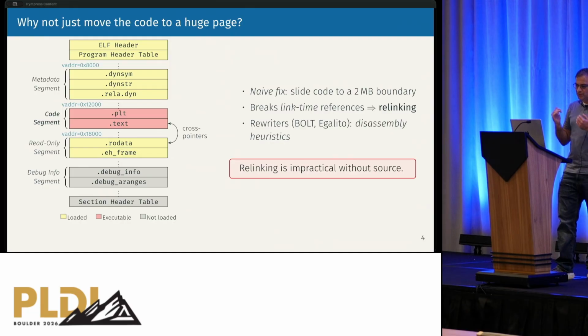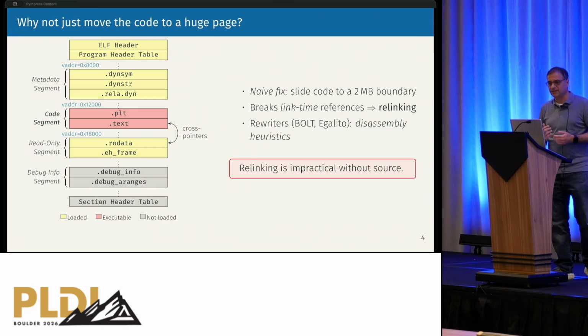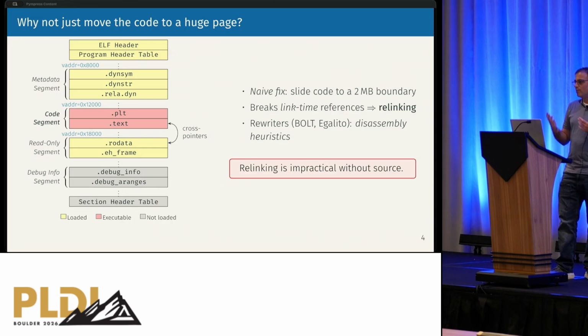However, those tools do all kinds of disassembly based on various heuristics, and as a result, they might fail. In our experiments, on glibc, which is a very common library, LLVM Bolt failed. Obviously, we can do relinking, but that requires access to the source code or the generated objects, and this is much more complicated for many deployments.